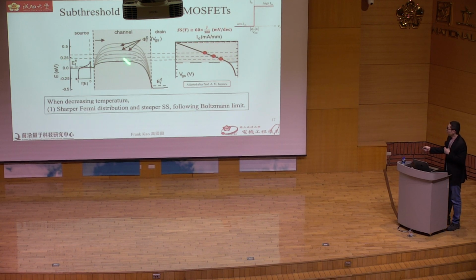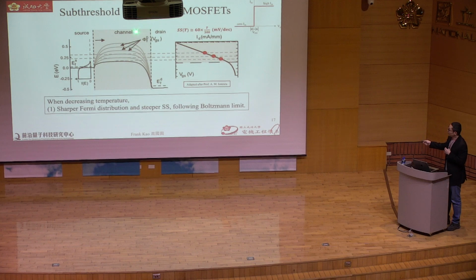This is the band diagram of a MOSFET along the channel. Here you have source and drain and your channel barrier modulated by your gate bias. And this black dashed line indicates the Fermi level, and you have the Fermi tail. That means you can find electron occupation at higher energy above the Fermi level.